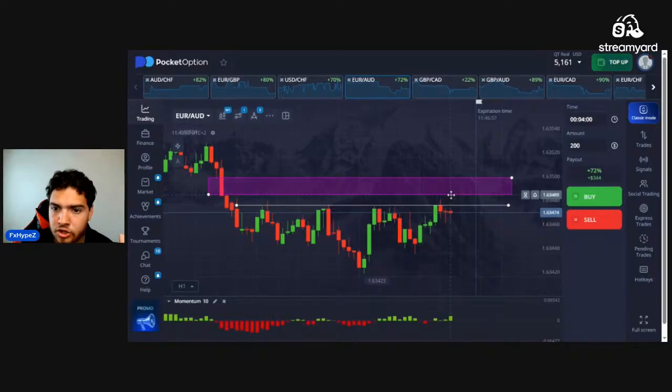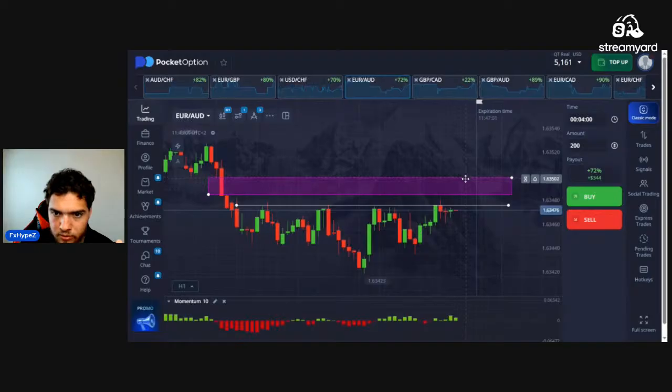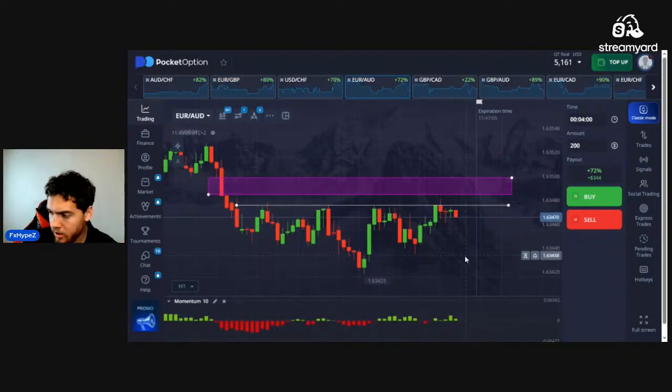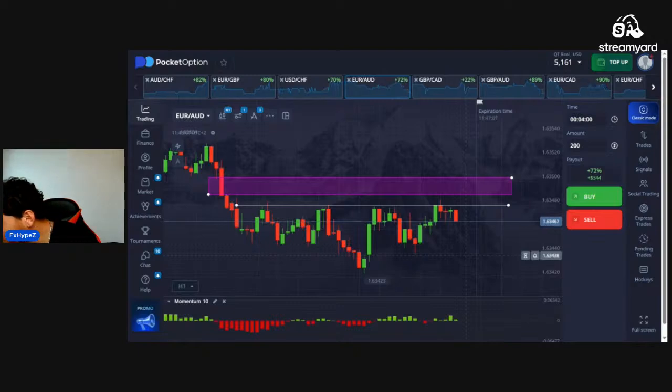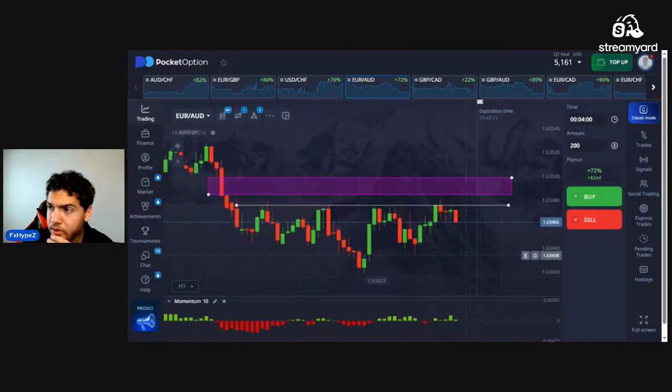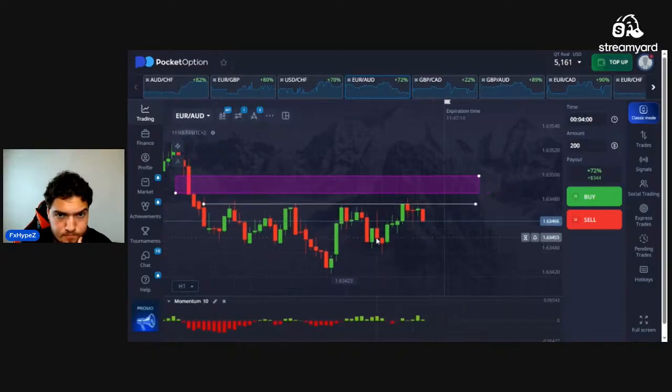And I'm pretty sure that we'll get a rise and a continuation to fill this imbalance that we have here. Let's see what happens.